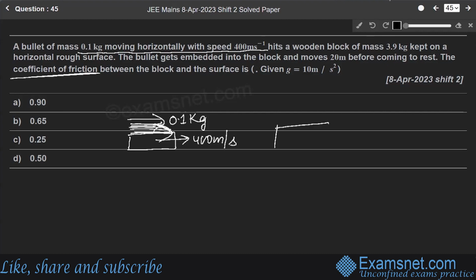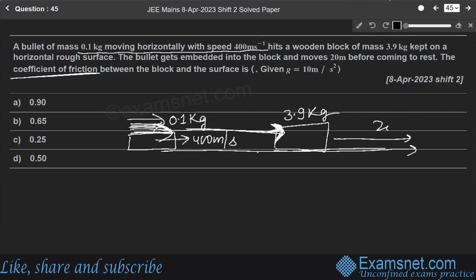It hits a block whose mass is 3.9 kg, kept on the horizontal surface, and the bullet gets embedded into the block. Now this block moves a distance of 20 meters and then comes to rest.